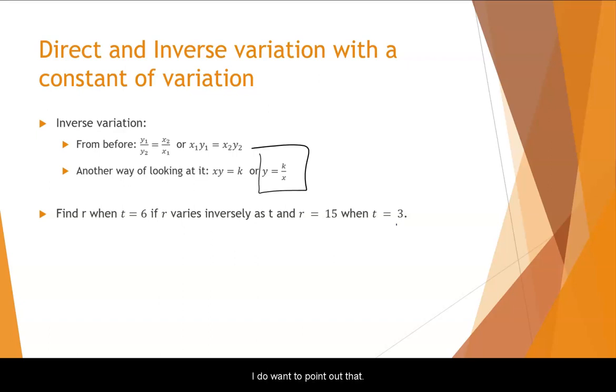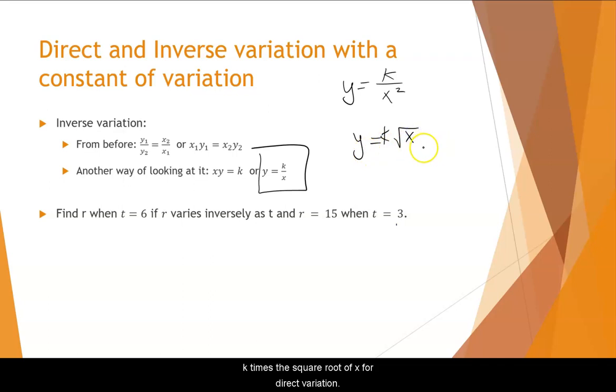I do want to point out that frequently we do something called joint variation, where the relationship might not be so simple as y equals k over x. Like we could have y equals k over x squared, or y equals the square root of k times the square root of x for direct variation. So what matters is the form.